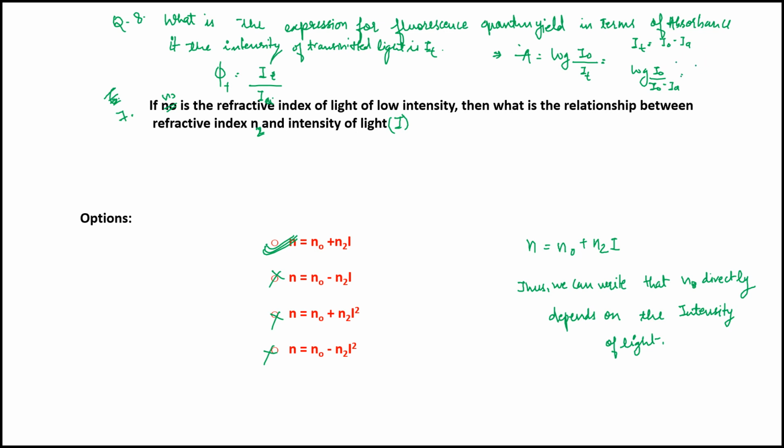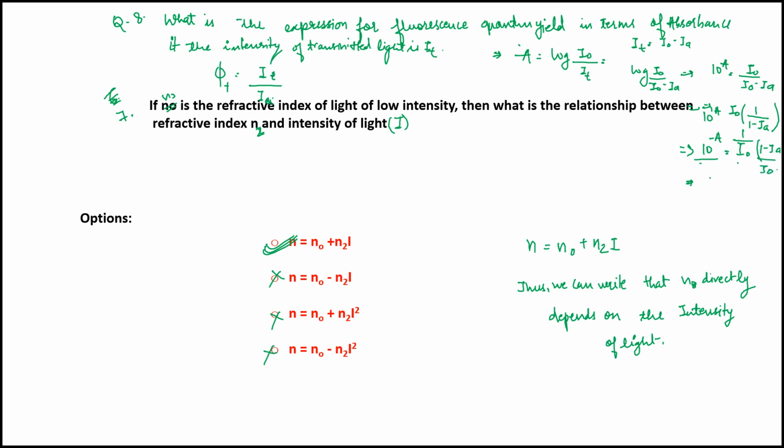Taking I naught common, we can say 10 to the power A is equal to I naught upon I naught minus IA, which is 1 upon 1 minus IA upon I naught.